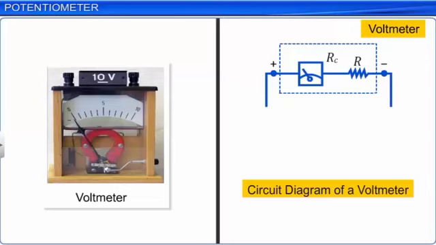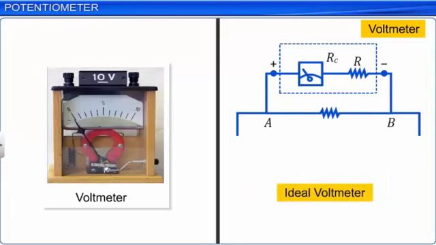When the voltmeter is connected across a resistor in a circuit, it draws a part of the current in the circuit, altering the overall potential difference that is to be measured across the given resistor. This alteration leads to an error in the measured value of the potential difference across the given resistor. Thus, the voltmeter is not an ideal device to measure potential difference. An ideal voltmeter should have an infinite resistance.